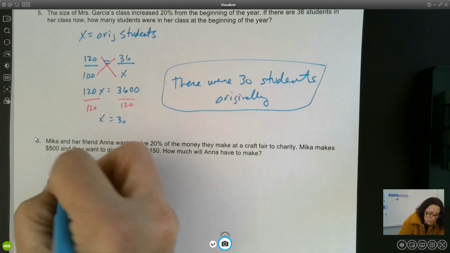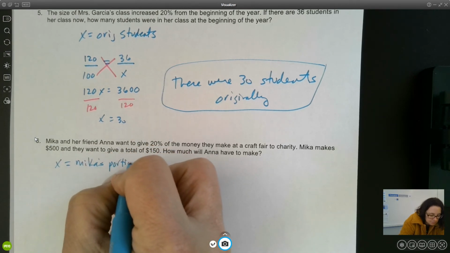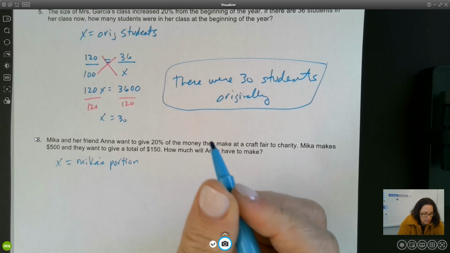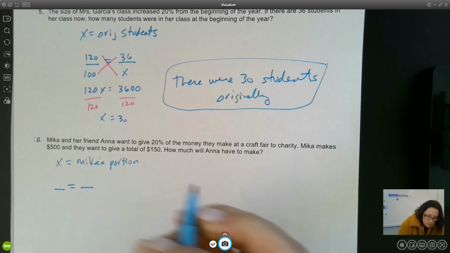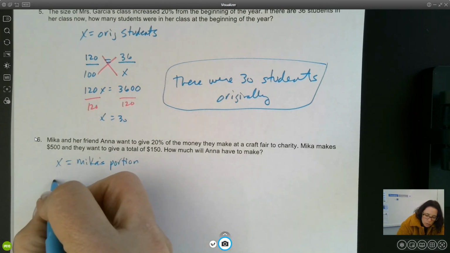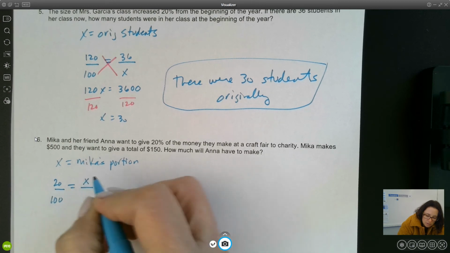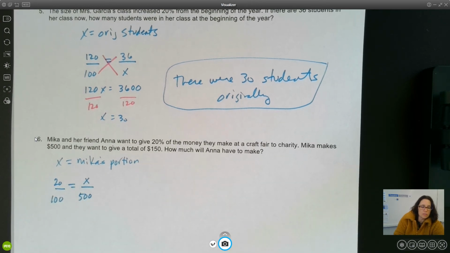I'm going to let X be Mika's portion. All right, so Mika makes $500. So here's her setup. We've got 100%. We're trying to find what 20% is of her $500.